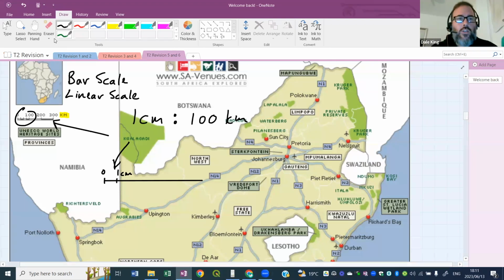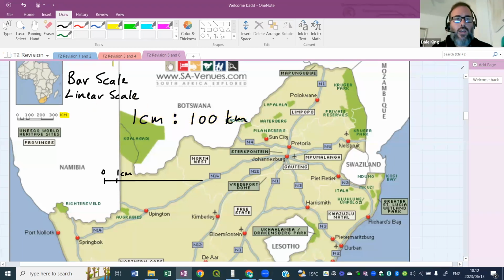So sometimes they'll give you the scale written as a ratio like this. Sometimes they'll give you a bar scale. You've got to know how to use either one of them. Now you can take this scale here, which is a ratio scale or a number scale. This is the number scale here. You can use either one of these and work out real world distances on the map.